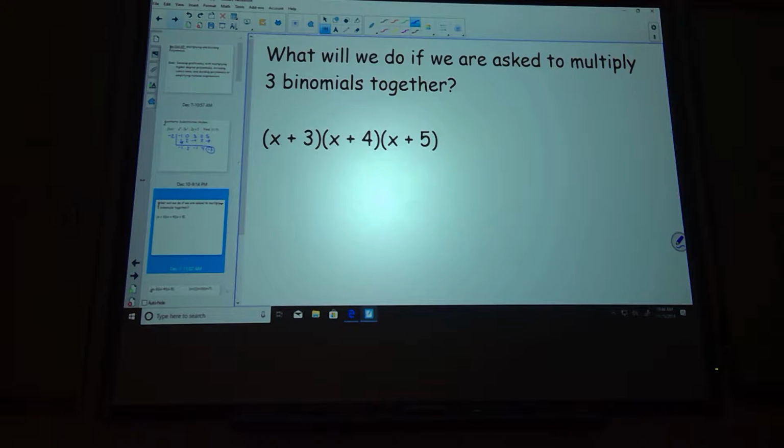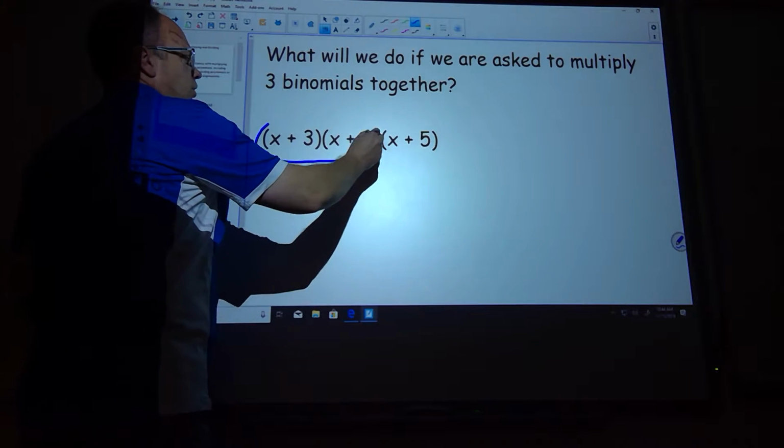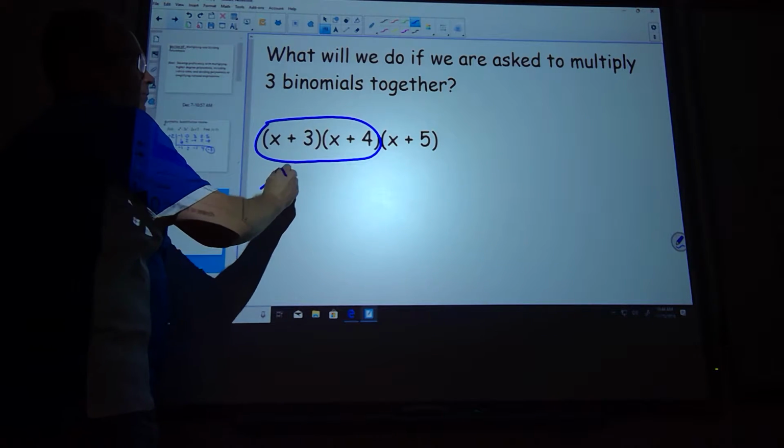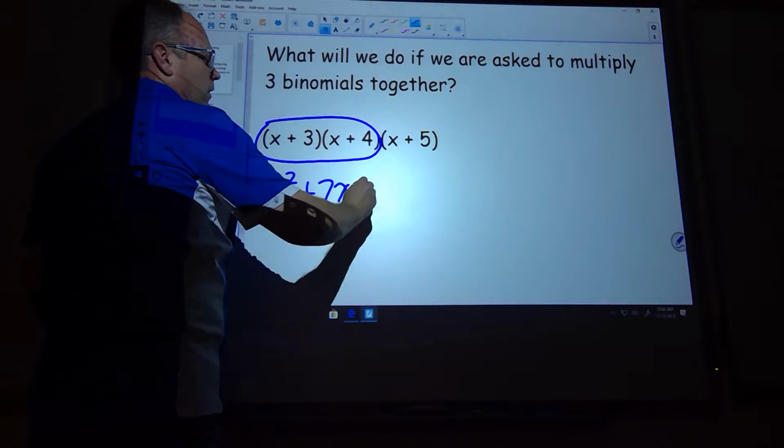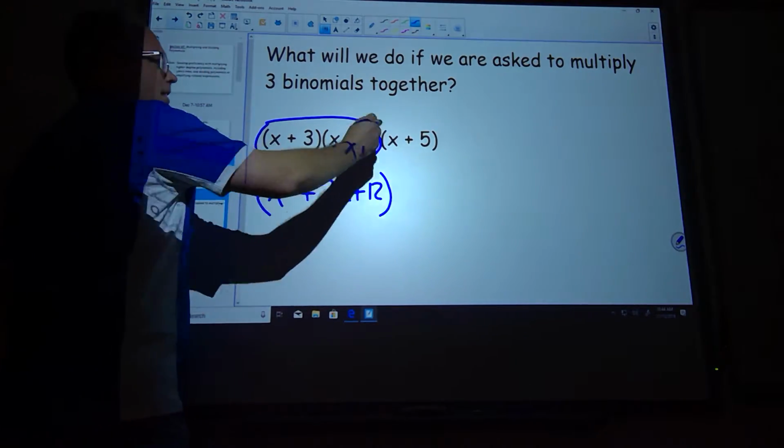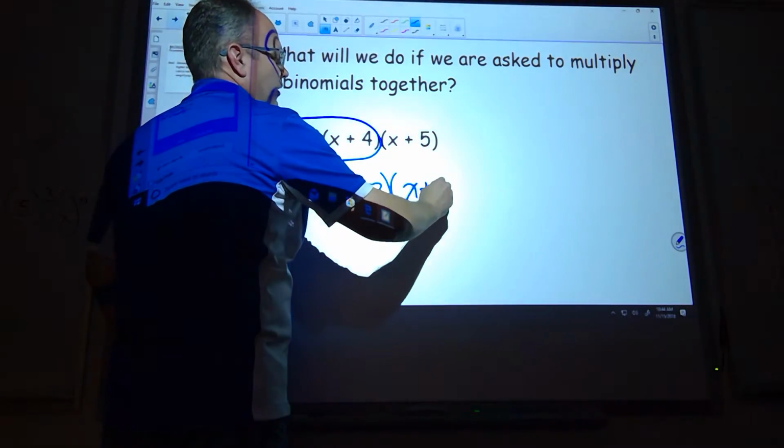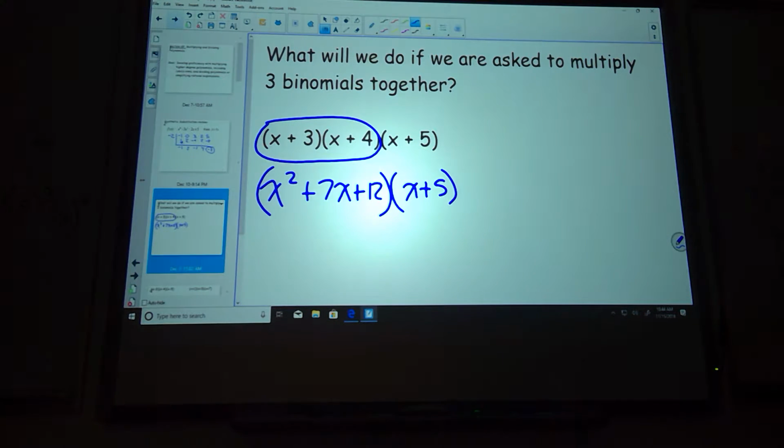If we go to multiply binomials together, what you basically have to do is, in whatever order you want, multiply and then bring the next one down. Let me pause, because some of you might not see how I did it so quickly. I just pick two of my binomials, multiply them together, and then multiply these.